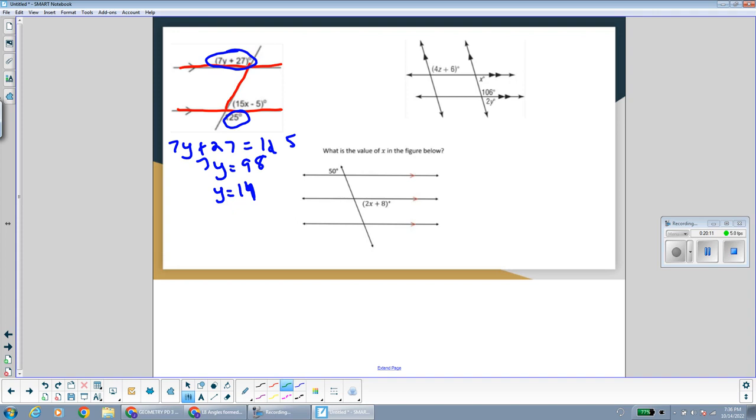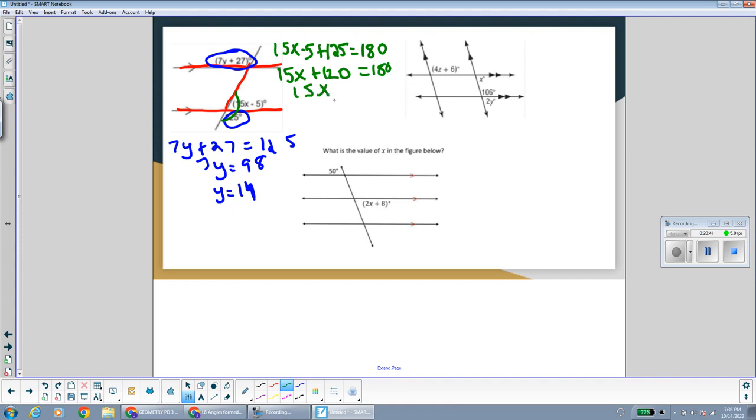I do also know that any two angles next to each other form a linear pair or supplementary. So I know 15x minus 5 and the 125-degree angle need to add up to make 180. Combining my like terms, I have 15x plus 120 is equal to 180.